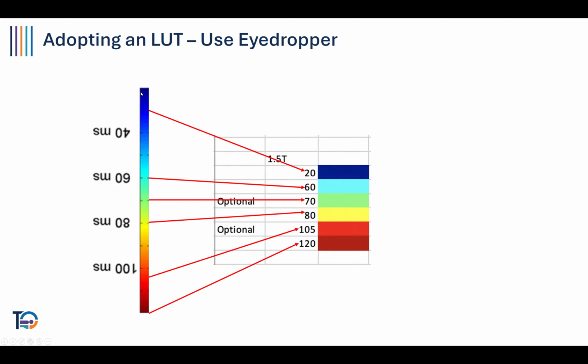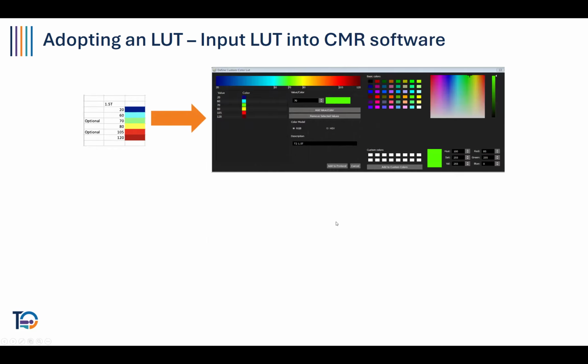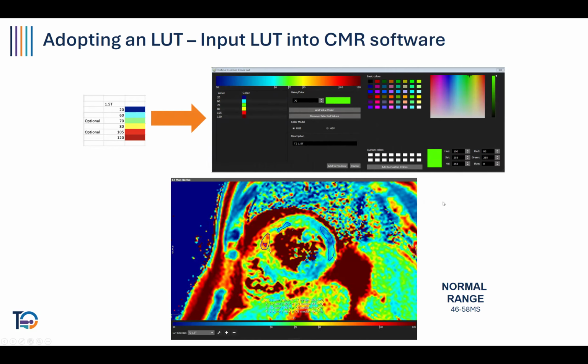That way you're not struggling to figure out which color it is you're looking at. And now using that new table, you can go to your third-party software and use their color palette to assign colors to specific relaxation values. And that's our T2 map once again.